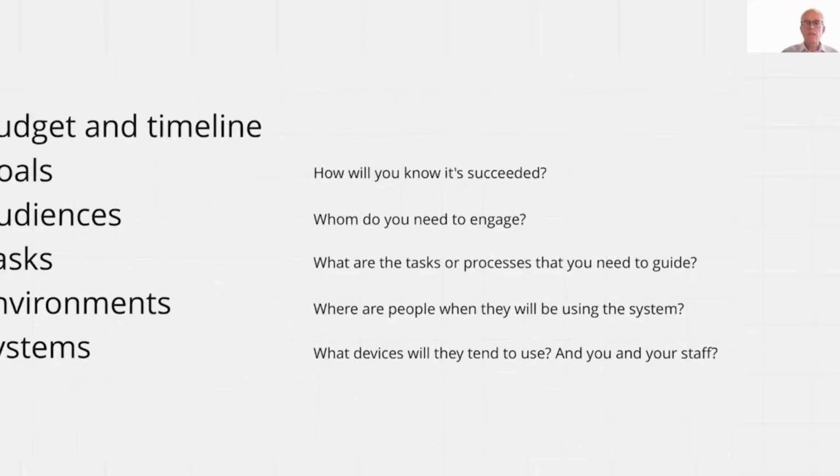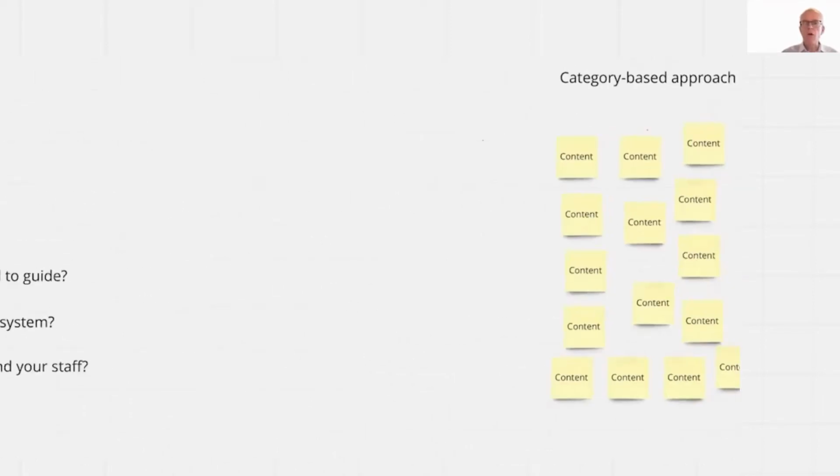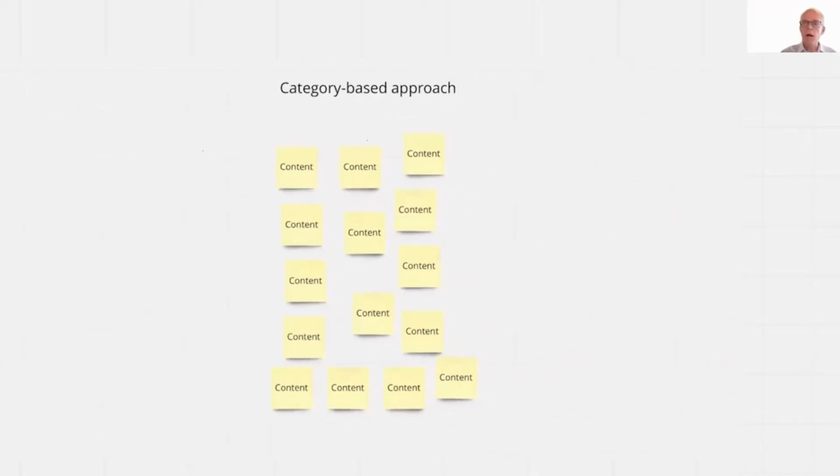Okay, so let's look a bit further at how people often go about designing a website. And I'm going to show you why I think it can often be the wrong way. One of the more reassuring processes you can use is a category-based approach. And that is, you've got a whole load of content, and so you think, we've got to organize this content.